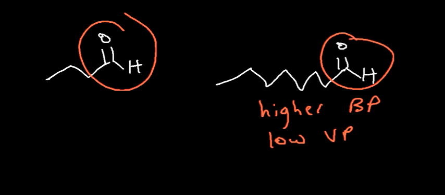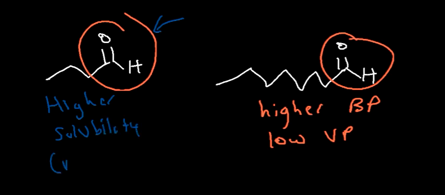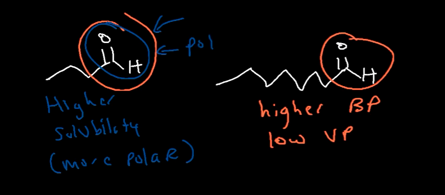Now, which of these molecules have a greater solubility in water? What would you say? Is it the one on the left or the one on the right? Now, it turns out that this molecule on the left has a higher solubility in water. The reason being is it's more polar. Now, you might be wondering, why is that the case? Because they have the same functional group. This part of the molecule is polar.